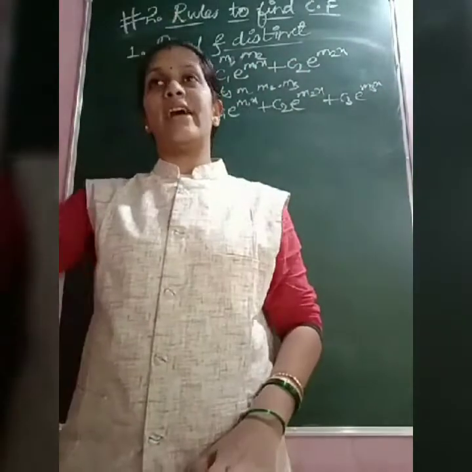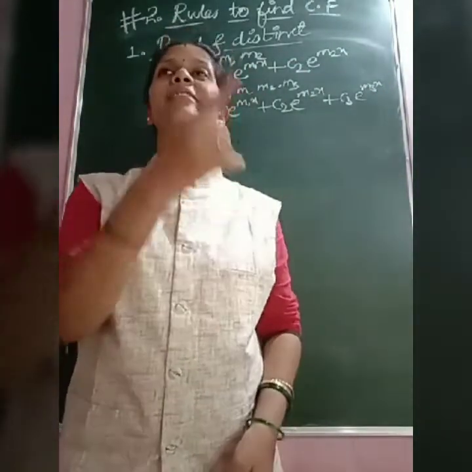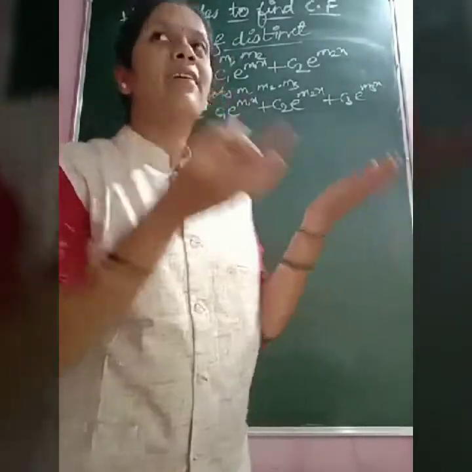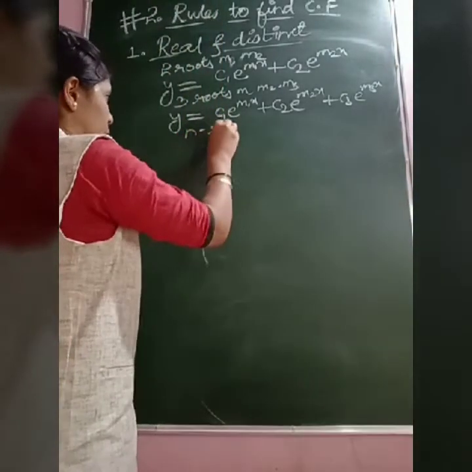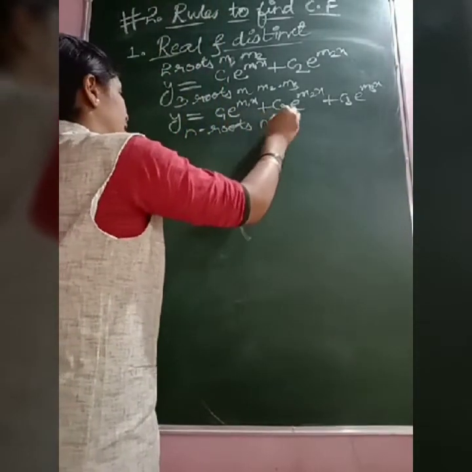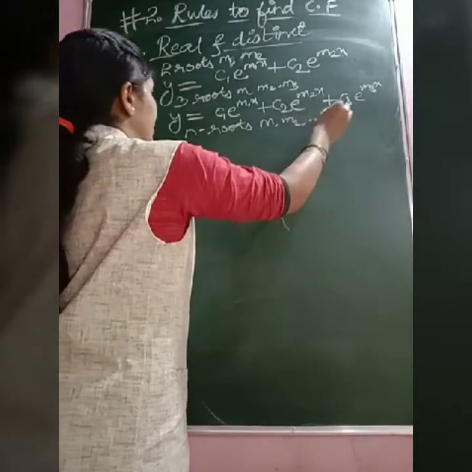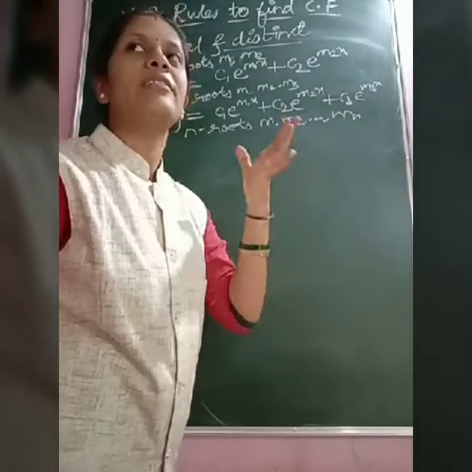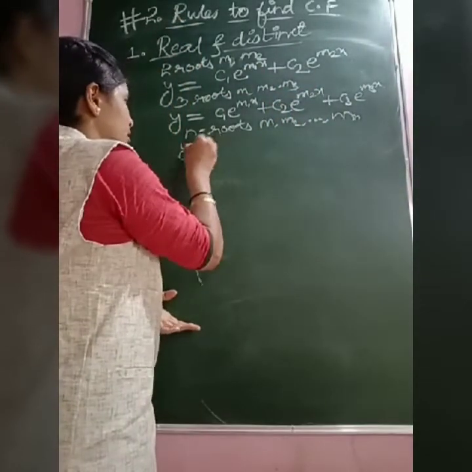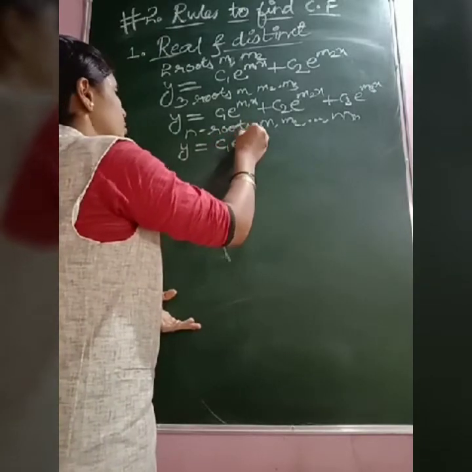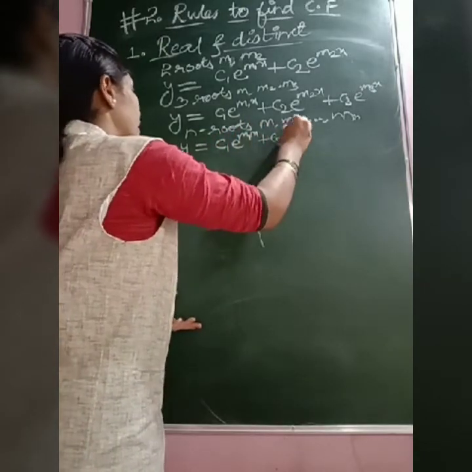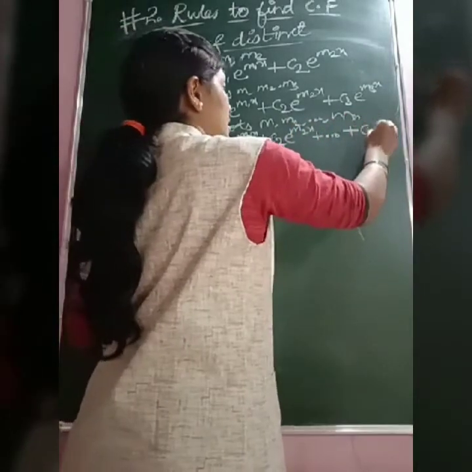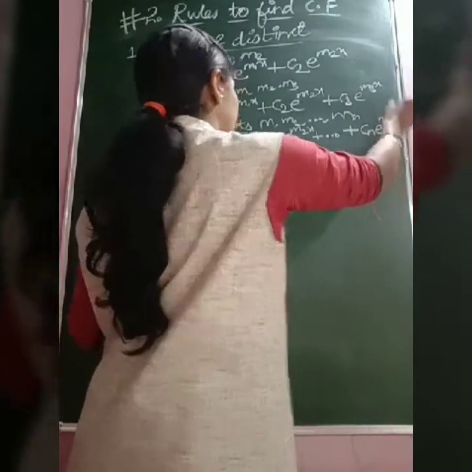Suppose n roots are there, that is m1, m2, and so on up to mn, and all the roots are different. Then how is the CF? In the same fashion, y equal to C1 e raised to m1x plus C2 e raised to m2x plus and so on, plus Cn e raised to mnx.